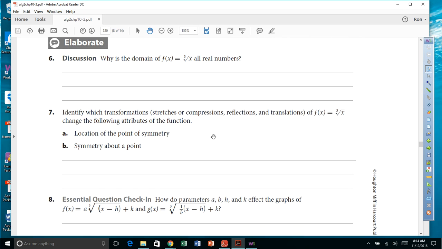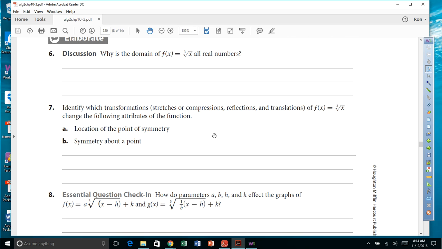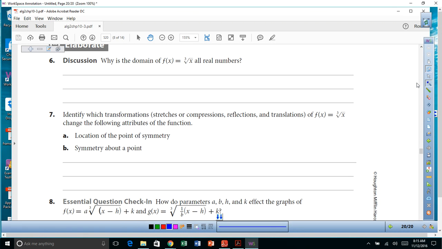Why is the domain of f of x equals the cube root of x all real numbers? Well, the reason why it couldn't be on the square root is because square root functions were not defined for negative numbers, but they are for cube roots.